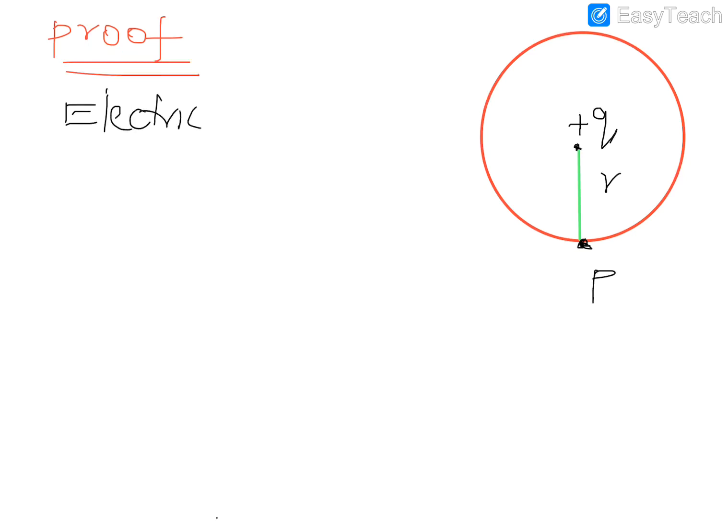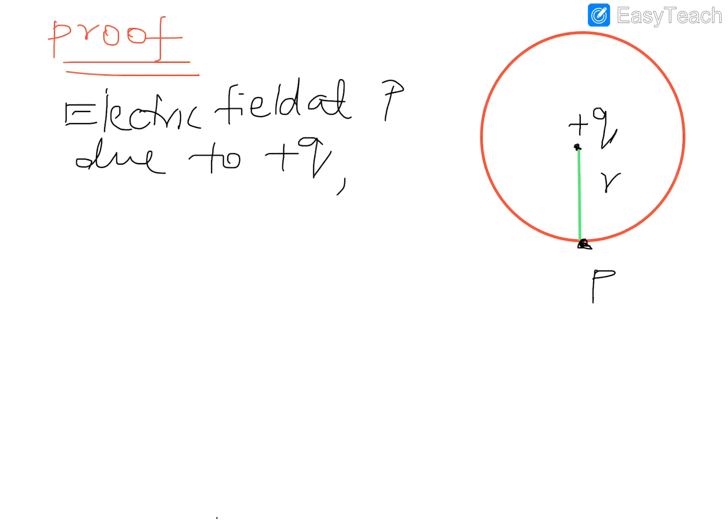What is the electric field at P due to plus Q? Plus Q is a point charge, so the electric field at a point due to a point charge, you already know the equation.